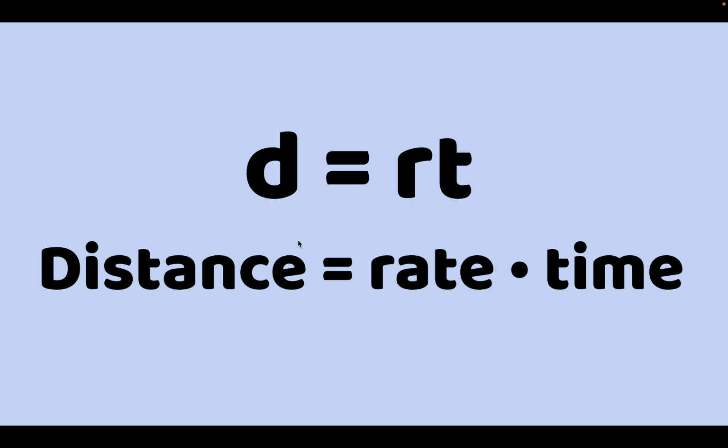So a very popular equation that you should memorize, one direct variation equation is this right here, d equals rt, or distance equals rate times time. This means that distance equals the amount of time you take multiplied by your rate. So 2 miles per hour or something like that.